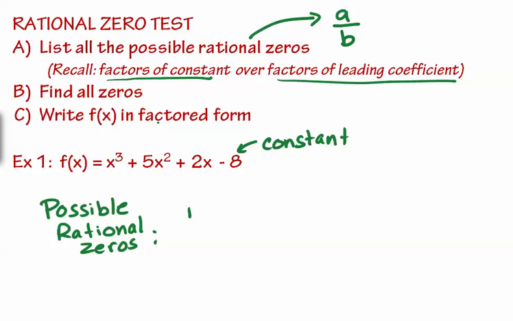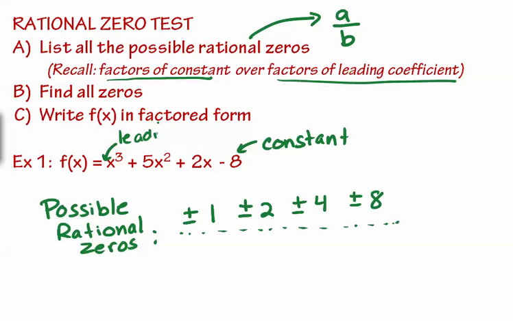Negative 8 could be divided by positive or negative 1, positive or negative 2, positive or negative 4, positive or negative 8. So the factors of the constant, and then we're going to combine those with factors of the leading coefficient. Well, the coefficient doesn't appear to be here, so it must be a 1.